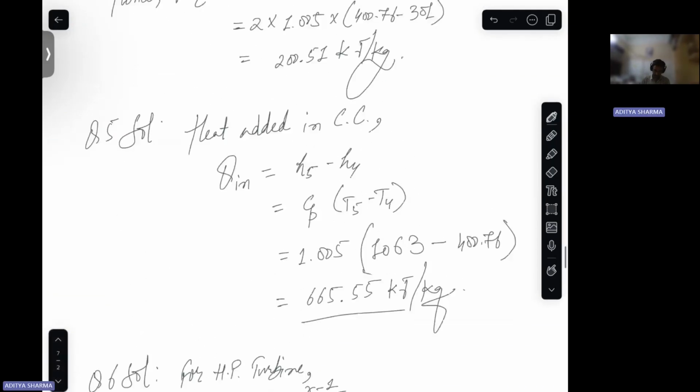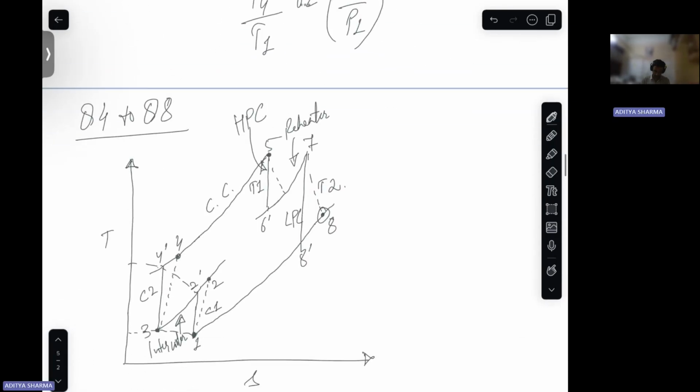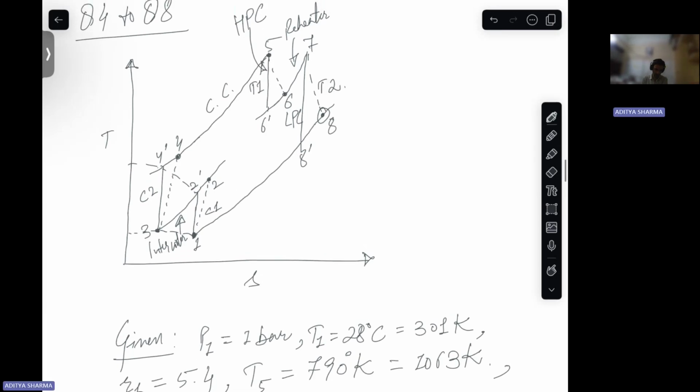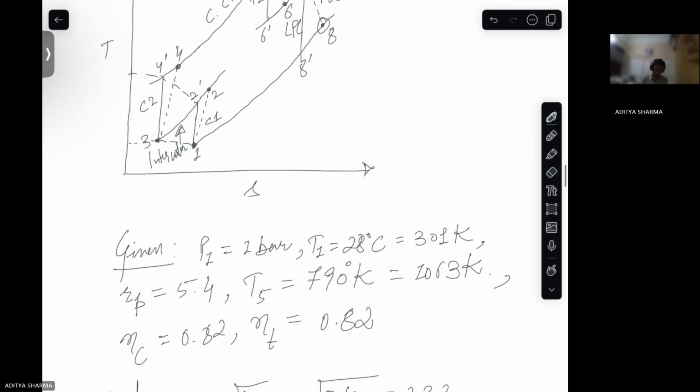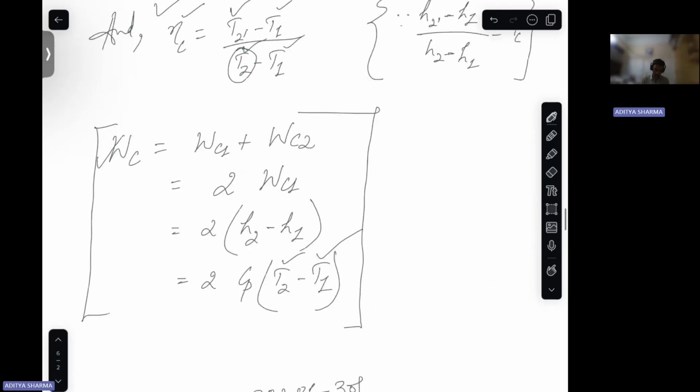T7 minus T6 is for your reheater. 5 to 4 is combustion chamber. 5 to 6 is your turbine. 4 to 3, or 2 to 1, is your compressor.